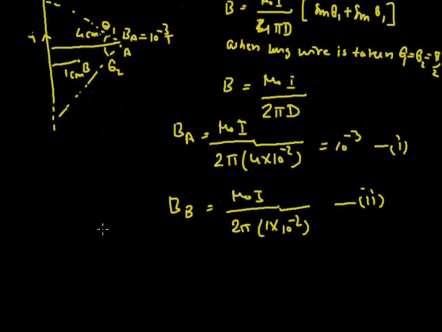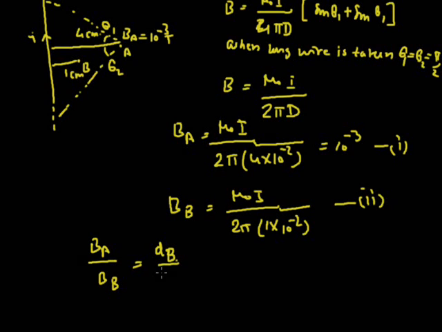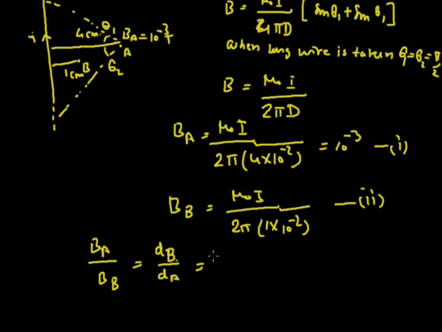So we can solve this by taking the ratio: BB upon BA is dA upon dB, 4 upon 1. So simply BB will be 4 times BA, so it will be simply 4 into 10 to the power minus 3 Tesla.